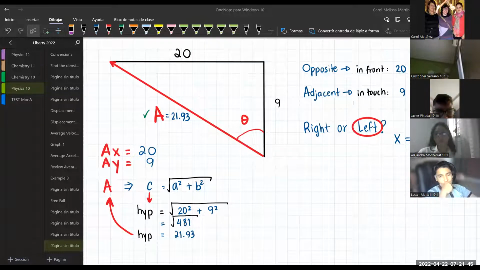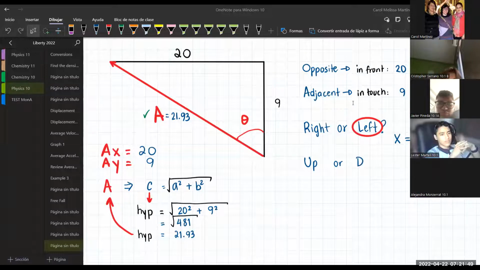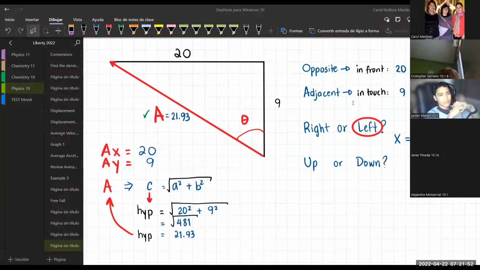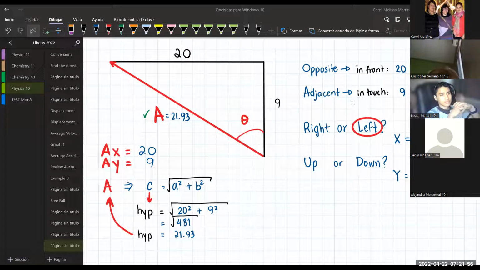Now, let's analyze if it's going up or down. Up. It's going up, okay? Because it is going up, is it going to be positive or negative for y? Positive.